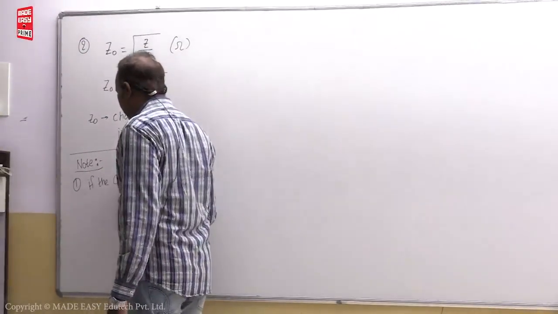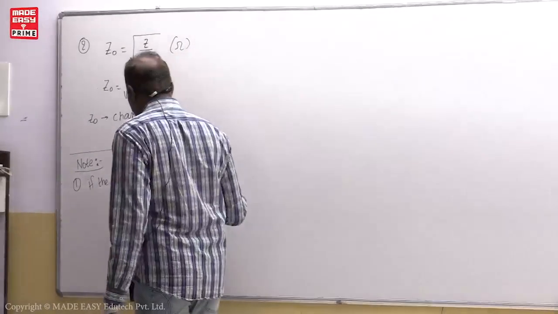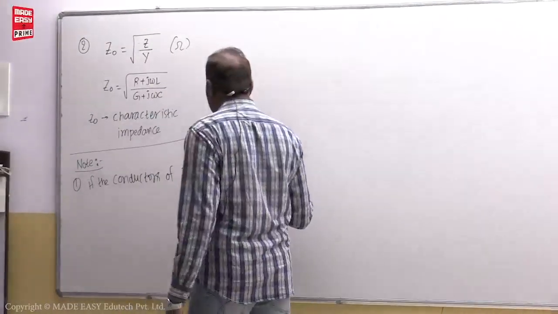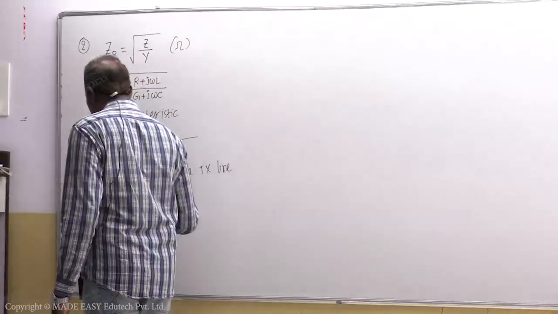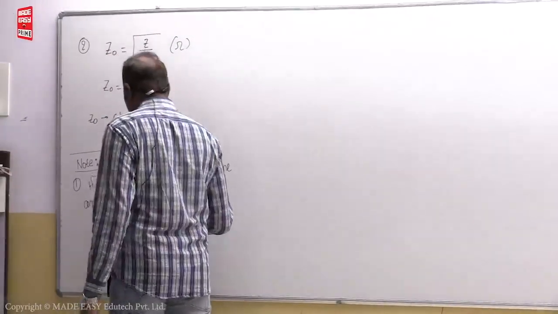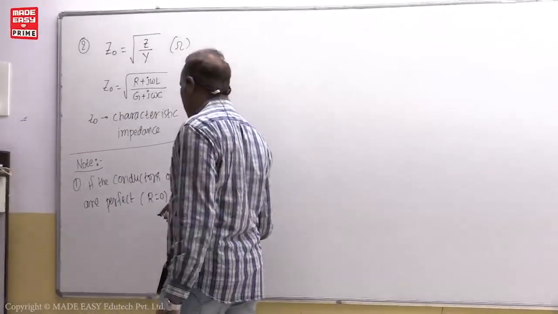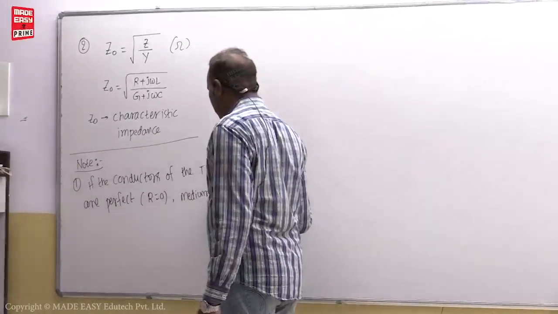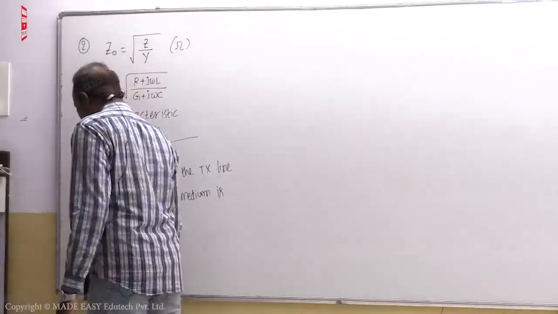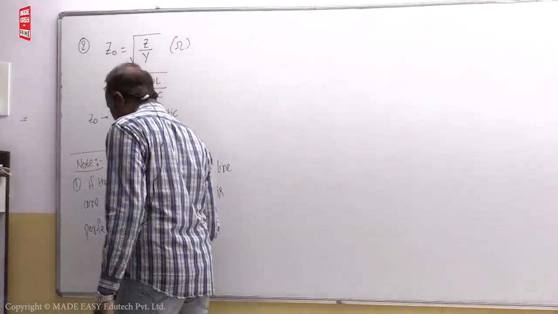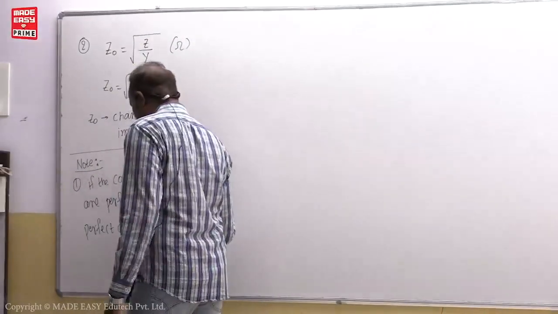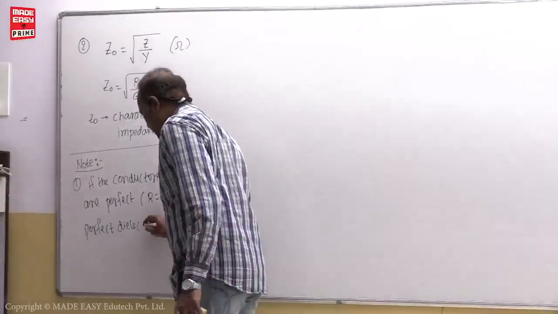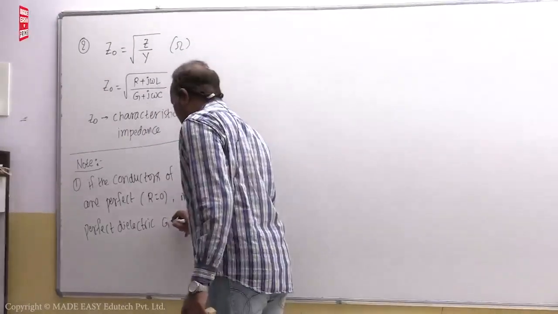If the conductors of the transmission line are perfect, then you know that R is 0, and if the medium is perfect dielectric, then G is equal to 0.